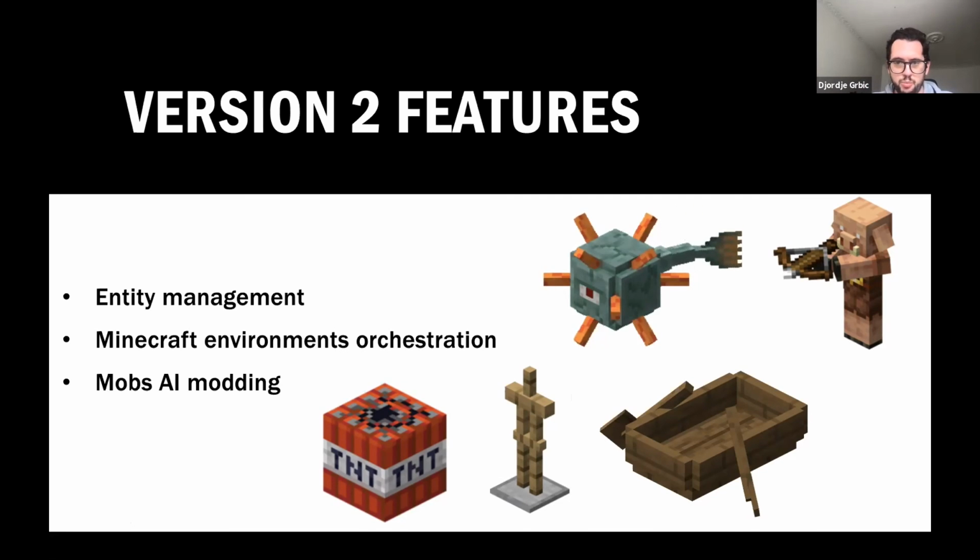We are also hoping to get mob AI modding so that we can get complex behavior out of NPCs, and also Minecraft environment orchestration, which means that if you're running an evolutionary algorithm, you can spawn 15 or 20 worlds and then run evolution in parallel.